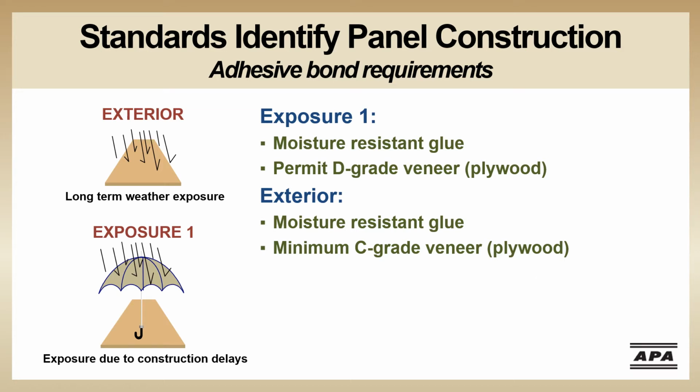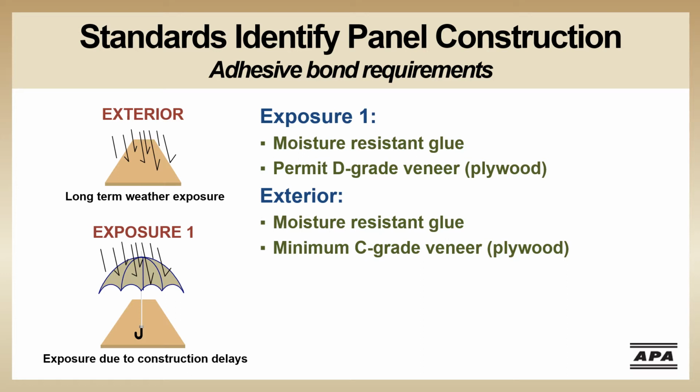Panels classified as Exposure 1 are intended to resist the effects of moisture due to construction delays or other conditions of similar severity. Exposure 1 panels may also be used when exposure to the outdoors is on the underside only, such as roof overhangs, although appearance characteristics of the panel grade should also be considered in those applications.